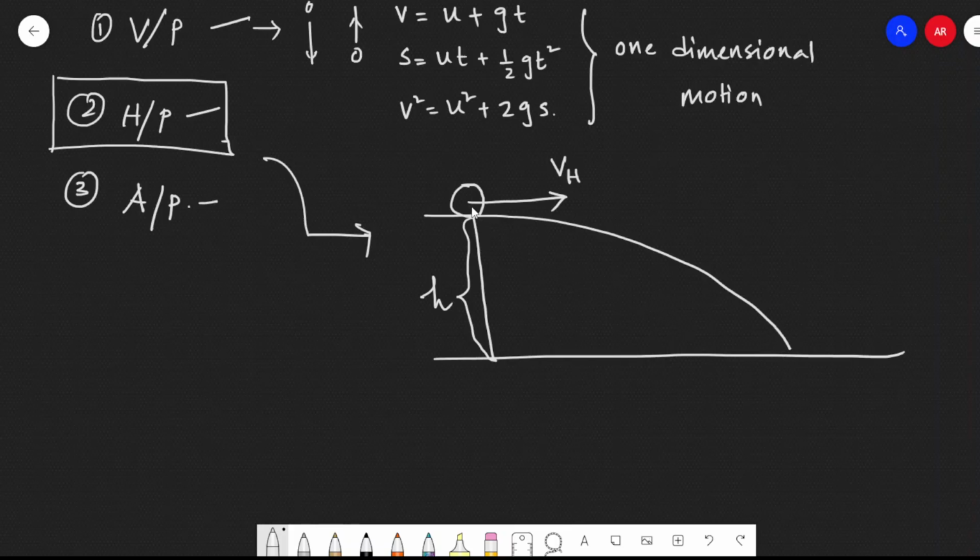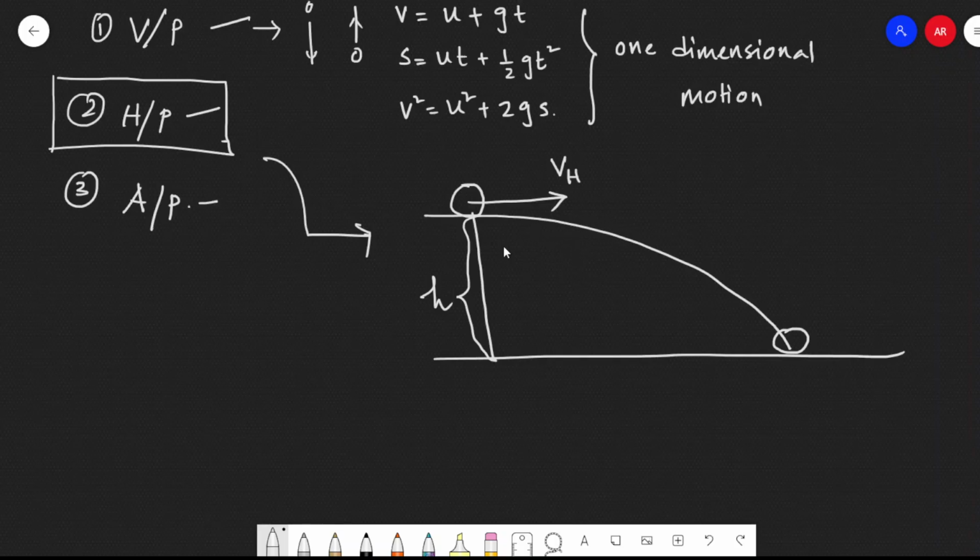It has been projected exactly horizontally, but due to gravity, the object falls back to the ground, and somewhere it hits the ground. So the object's motion here is not restricted to a single dimension, rather it has a two-dimensional motion.